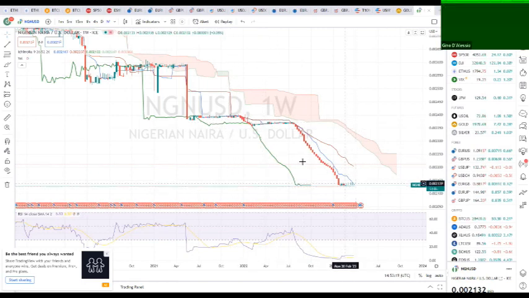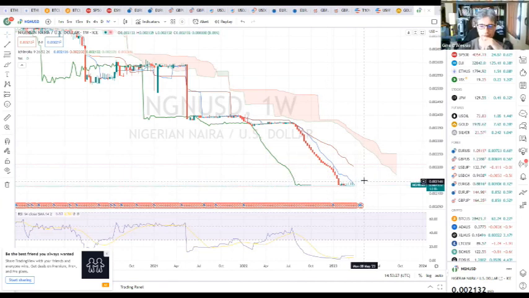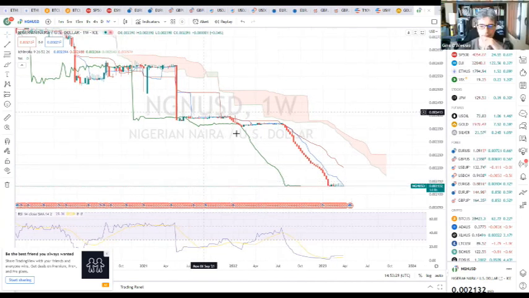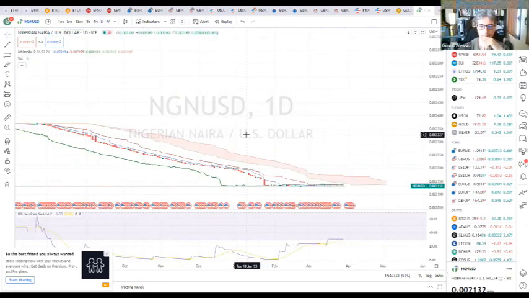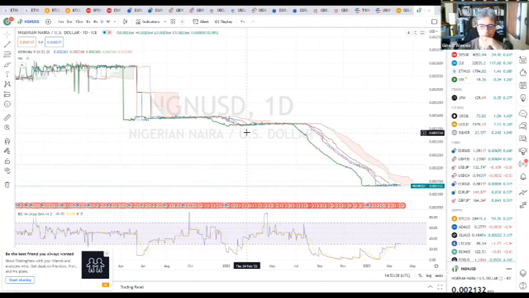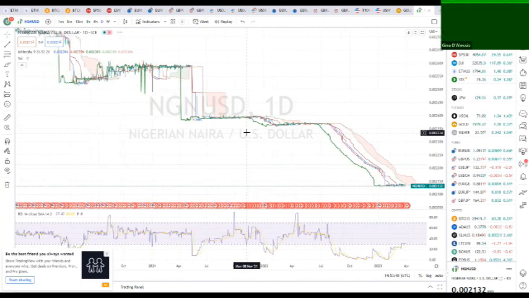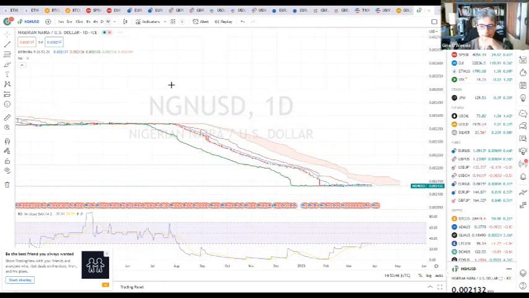Yeah. Do you see any strategy as to try and figure out when it's going to start heading back up? Yeah, the only strategy that would really tell me it's heading back up is basically on the weekly chart.